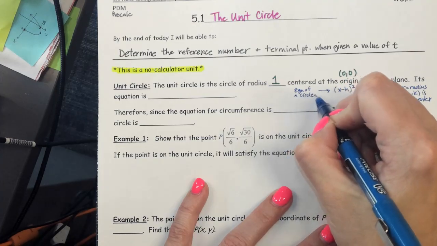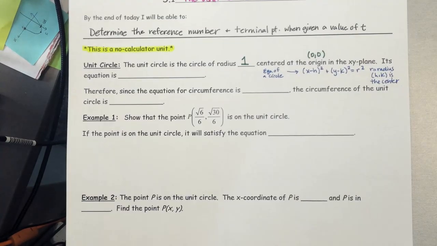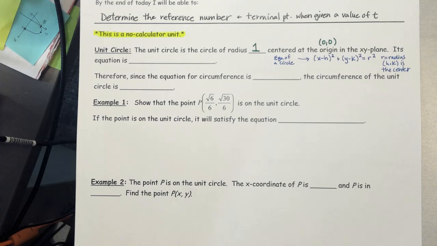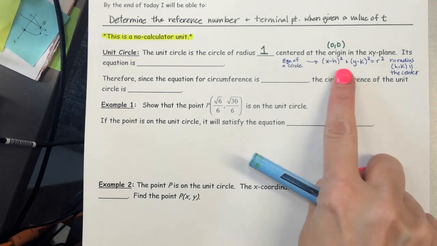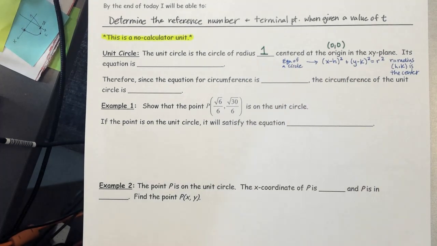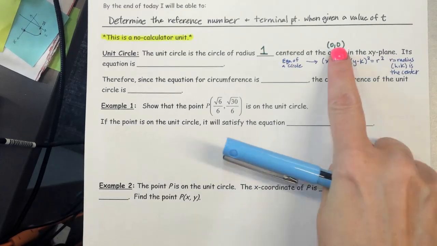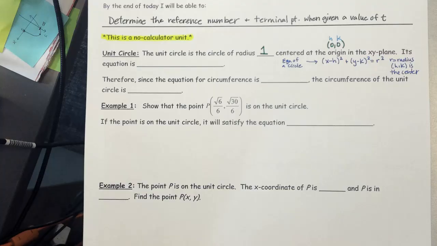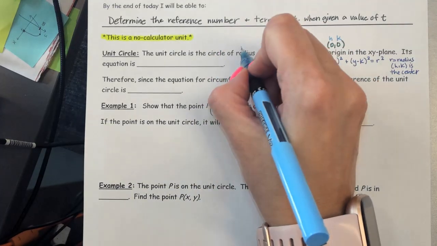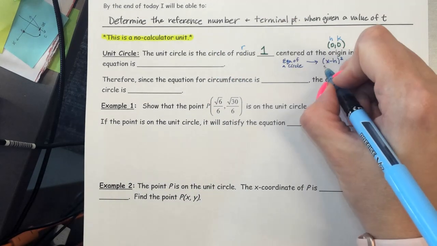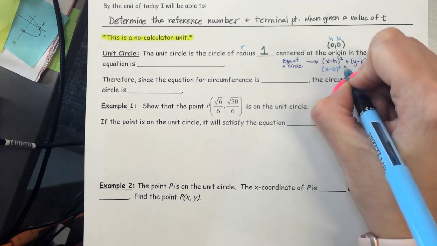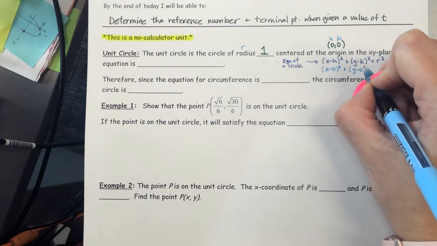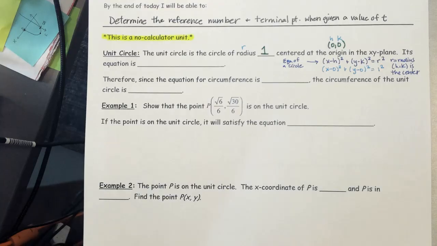We are going to be talking more about the equation of a circle in chapter 8 in semester 2. So if you were to plug in the values that the unit circle has, your center is 0, 0. This is your (h, k). Okay, your r value is going to be 1. So this would be (x minus 0) squared plus (y minus 0) squared equals 1 squared.